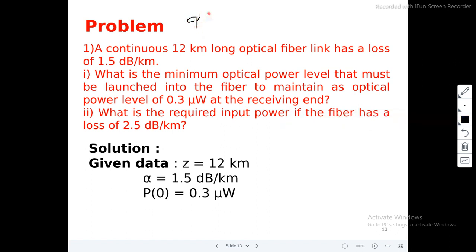Alpha is equal to 10 into 1 by Z logarithmic of P of 0 by P of Z.